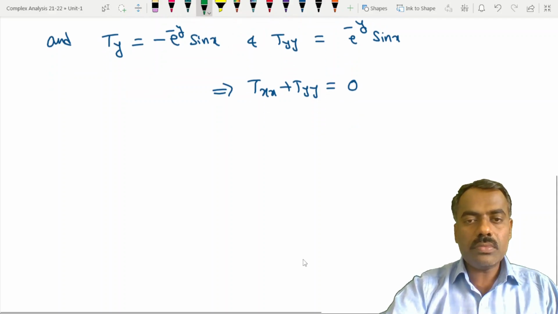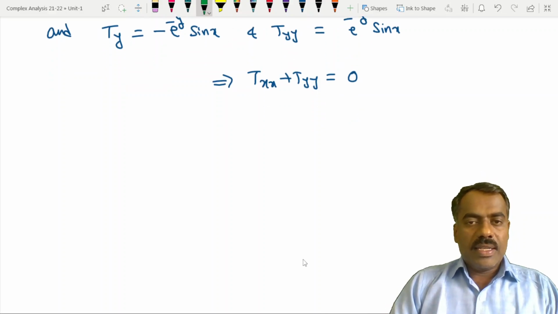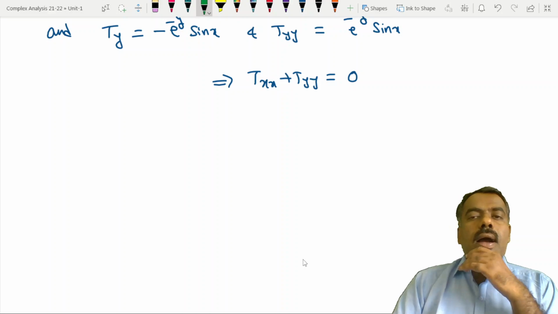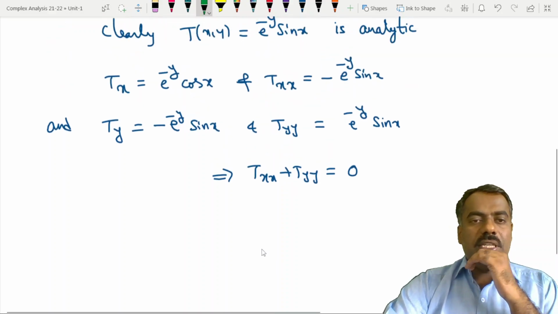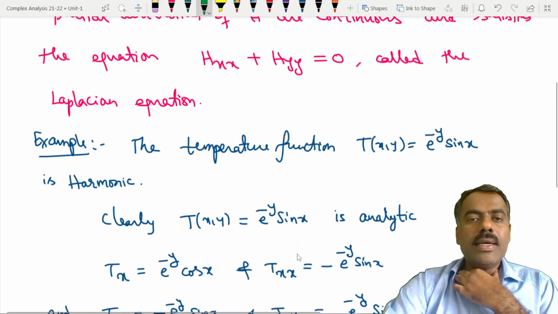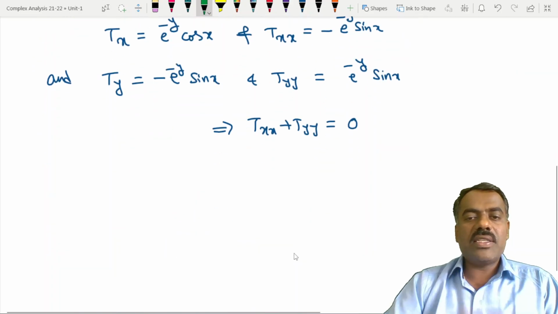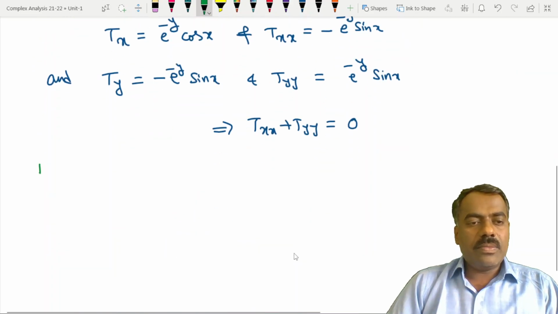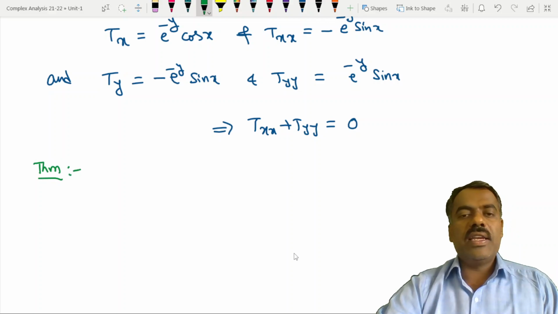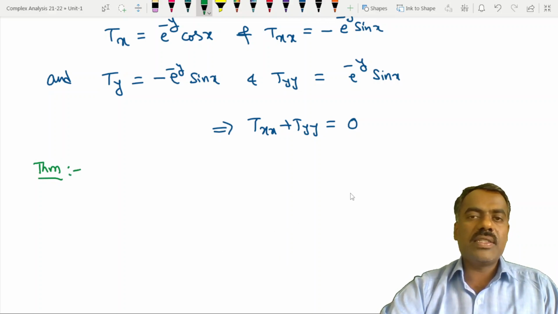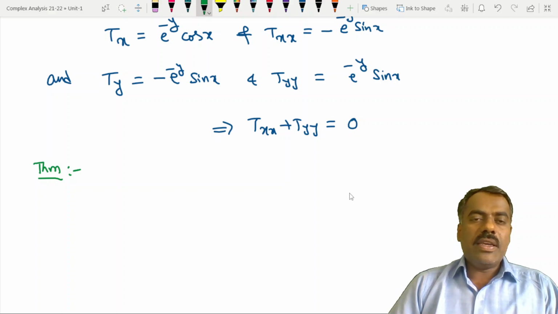Now we'll see how we can give a lot of examples using analytic functions. By the following result we can have a number of harmonic functions. Namely, if a function is analytic, then its imaginary and real parts are harmonic functions.